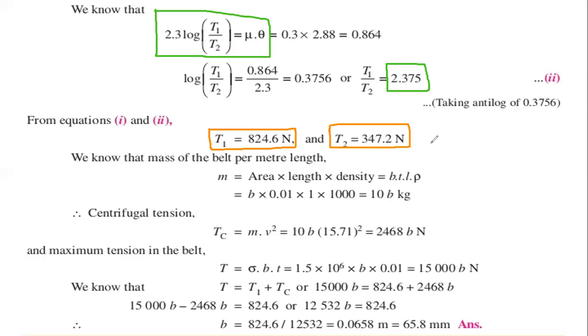Then we need to find the mass of the belt per meter length. So the mass of the belt drive per meter length is taken as m equal to area into length into density, that is b into t into l into rho.